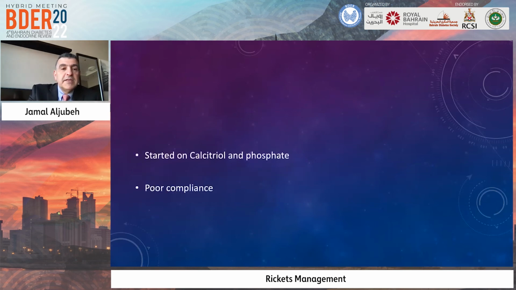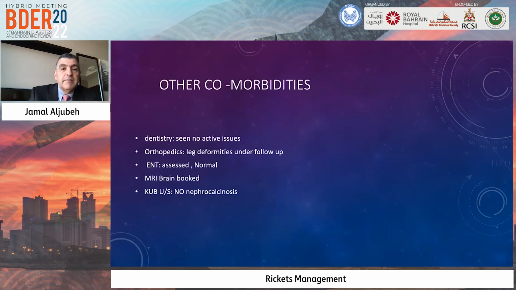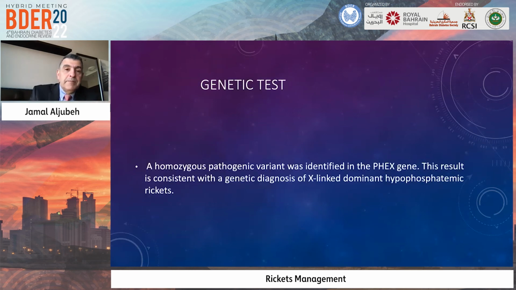Diagnosis was hypophosphatemic rickets. Patient was started on calcitriol and phosphate, which is the conventional treatment of rickets, but there was poor adherence. Evaluation for other comorbidities like dental, orthopedic, ENT, MRI of the brain, and ultrasound, all of these came back normal.